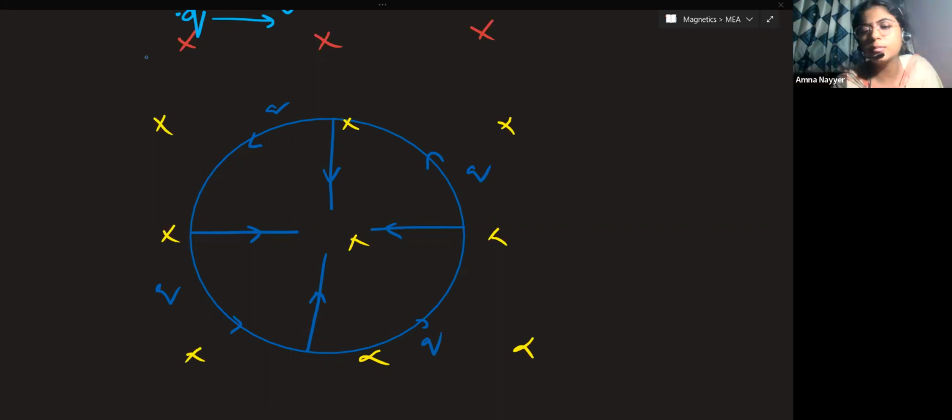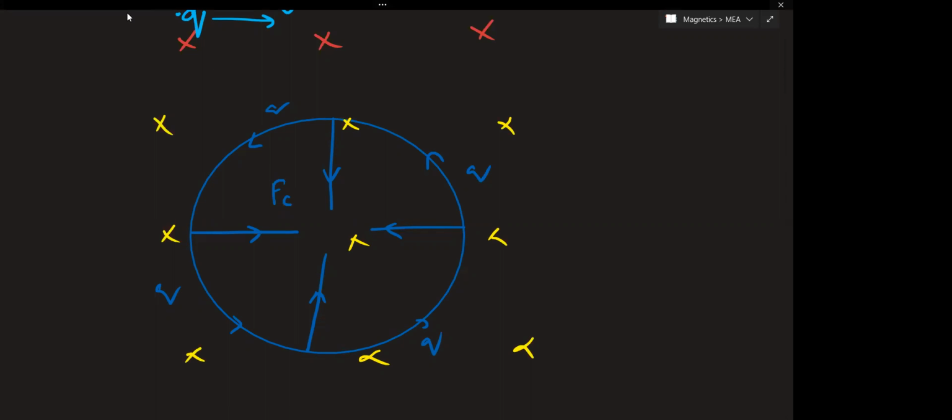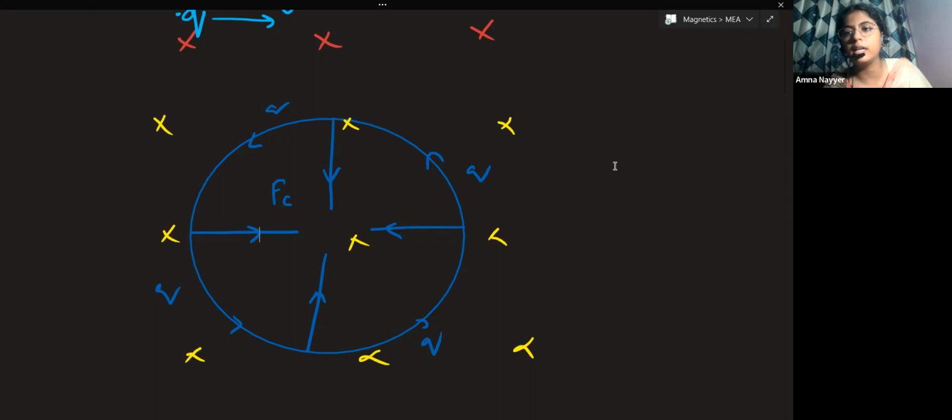Have you heard of the term centripetal force? You must have done it earlier in your class 11. Centripetal force, yes. Let's just quickly revise your circular motion. Otherwise, you won't be able to relate to it.